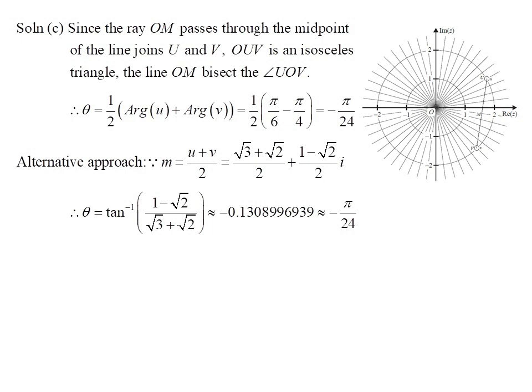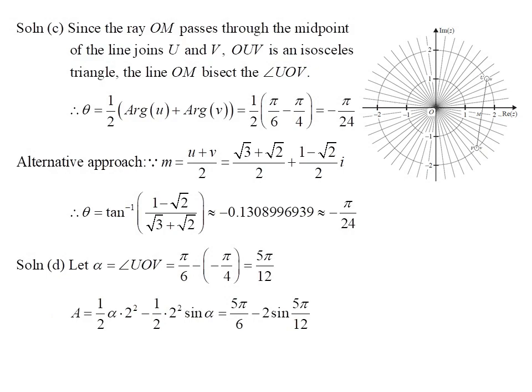As can be seen from the diagram, the line UV cuts the circle into a major and a minor segment. Part D of this question is to find the area of the minor segment. Here we assume alpha represents the angle UOV, which equals pi over 6 minus negative pi over 4, which equals 5 pi over 12.